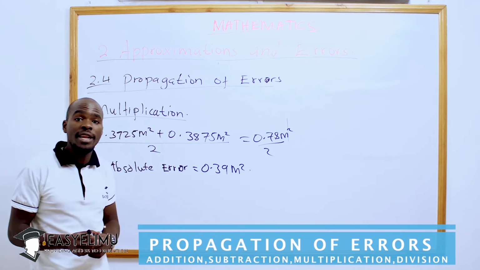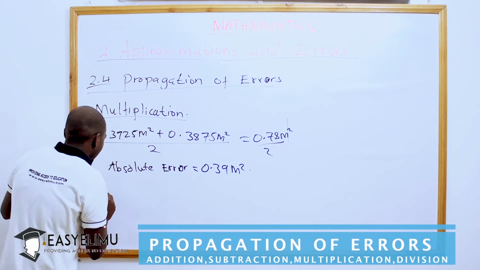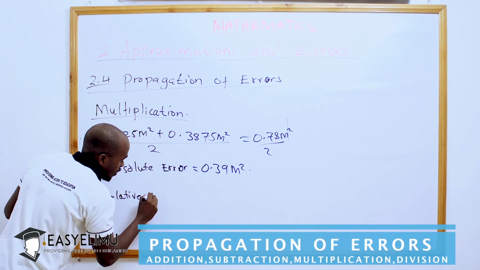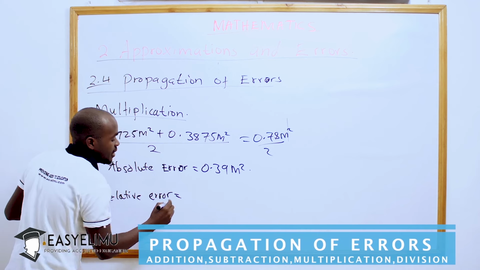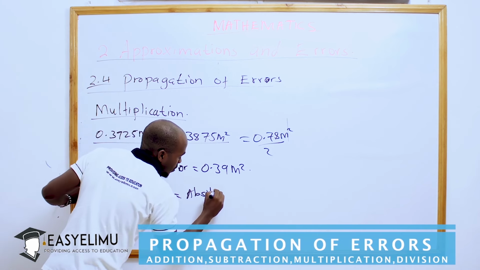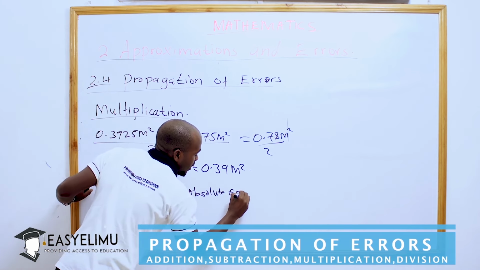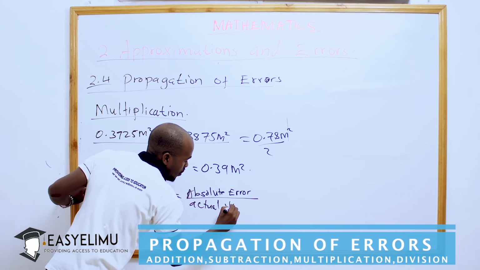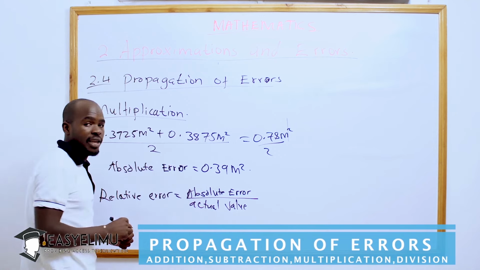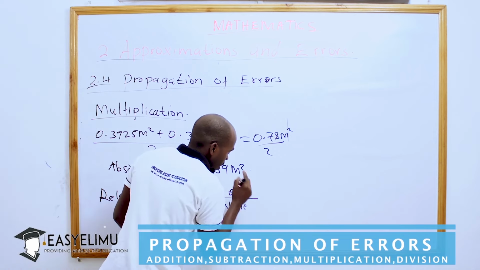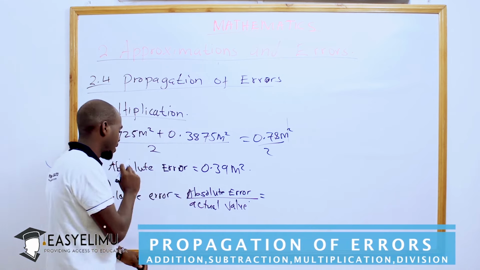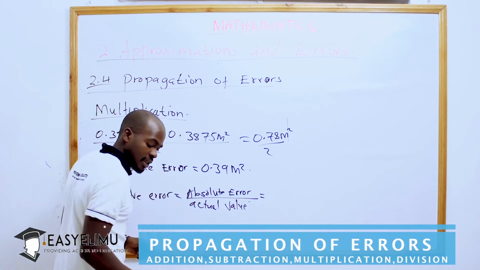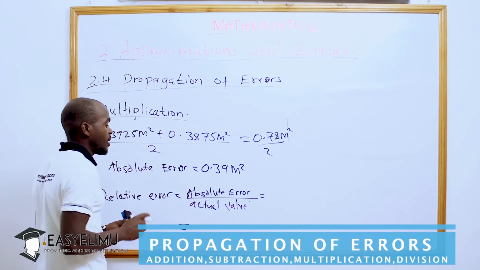So if we need to find the relative error, we did say that the relative error of any given kind of measurement is equal to the absolute error divided by the actual value. For this case it will be the working area. Then this one will be giving us that relative error. If it was a percentage, we could multiply by 100%. But for this instance, we are going to leave it as it is.